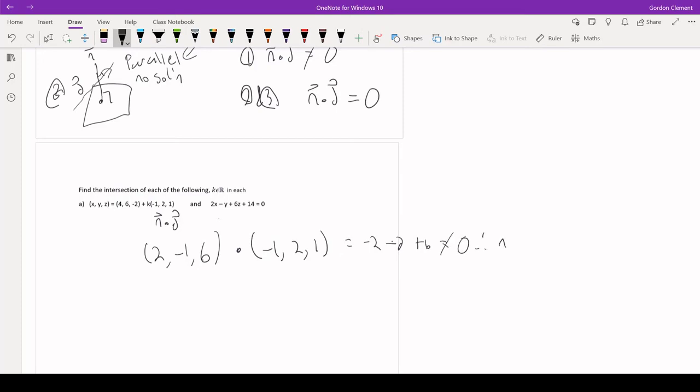So therefore, we know that we have a POI going into this. We know it's a single POI because the normal vector and the direction vector are not perpendicular to each other. And again, I like the parametric equations for the line.